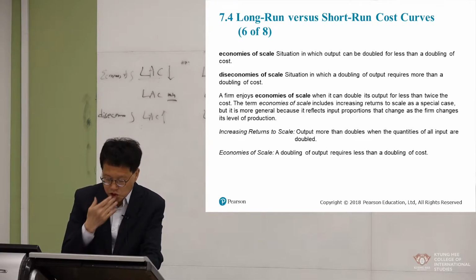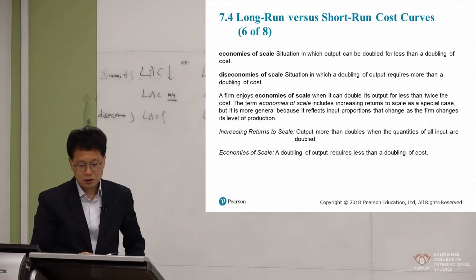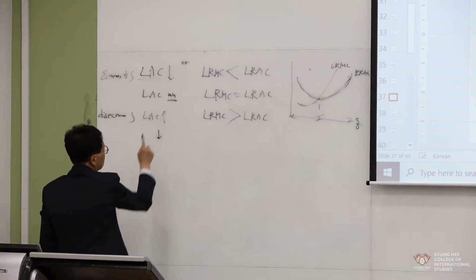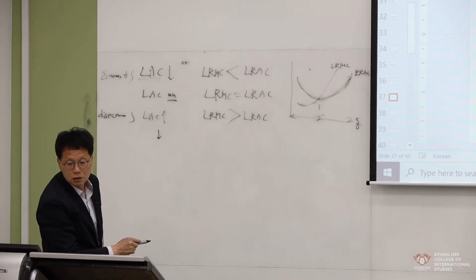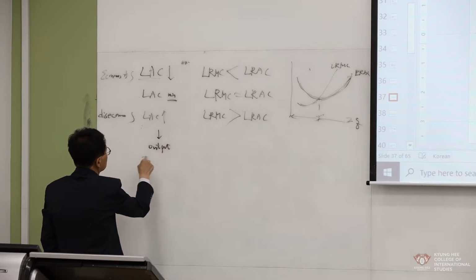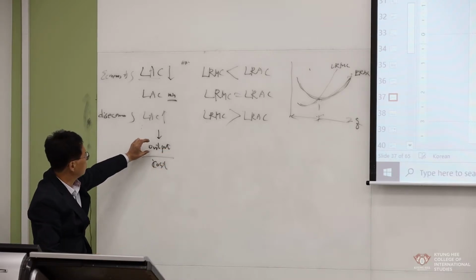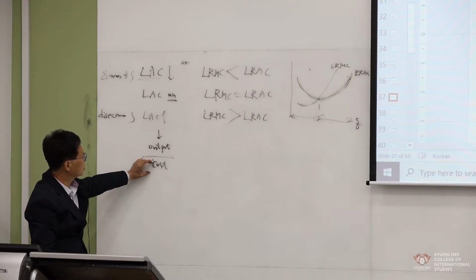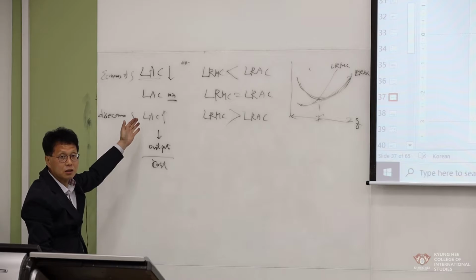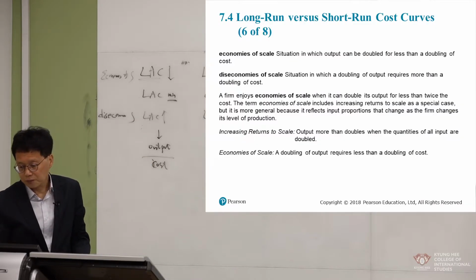I'd like to add something here. I already explained this, right? So economies of scale is measured by output versus cost: output doubled, cost less than doubled, or cost doubled, output more than doubled. That is economies of scale, and vice versa for diseconomies.